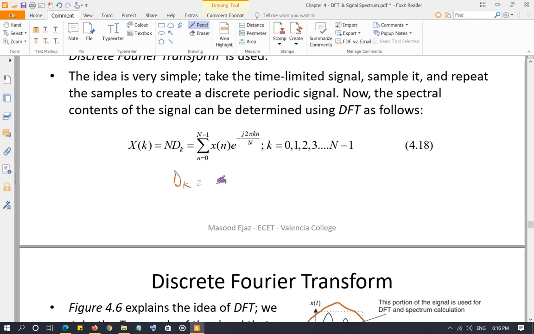Remember, d_k is 1 over N times whatever you see over here, right? So basically you're cancelling this N. When you multiply d_k by N, this N will be cancelled out. So all you have is the summation of samples over one cycle, n from 0 to N minus 1, e to the power negative j 2 pi k n over N.